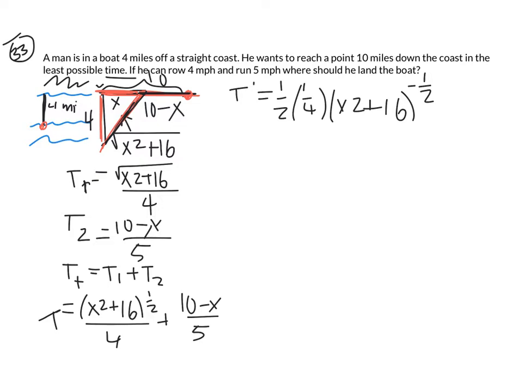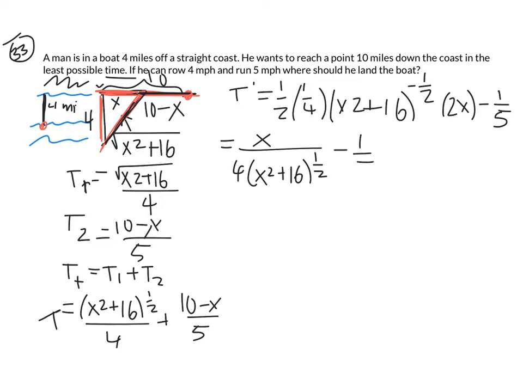Really super messy, I apologize, but keep going. The derivative of the second term is just minus 1/5, because it's only a first power of x. Cleaning that up, you get x over 4 times x squared plus 16 to the 1/2, moving that into the denominator because of the negative exponent, minus 1/5.